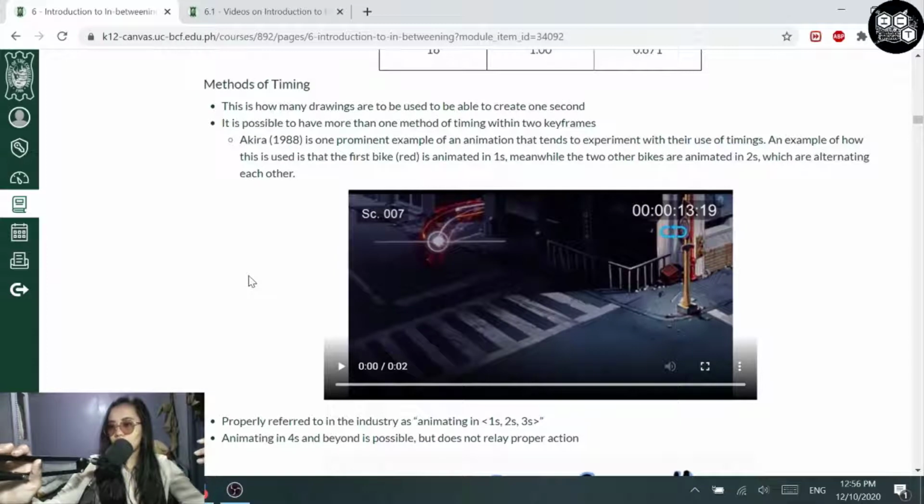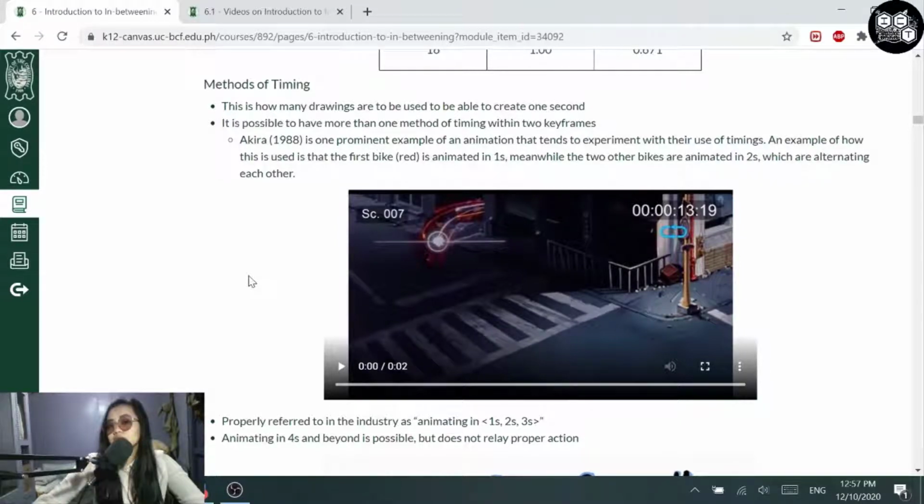It's stated that they are animating in ones, which is not necessarily accurate, because they are primarily animating in ones, but they can also animate in twos and threes and fours whenever the action is necessary.